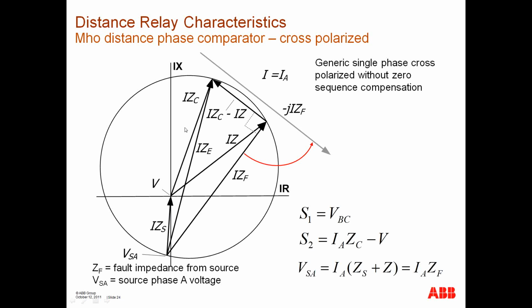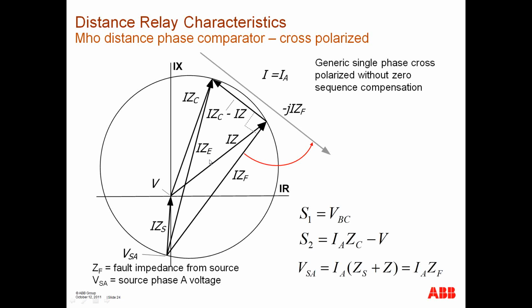So we use the BC quantity, for example, as the polarizing quantity, and the S2 quantity, which is the fault current times the compensator minus the voltage. That will produce a larger circular characteristic.